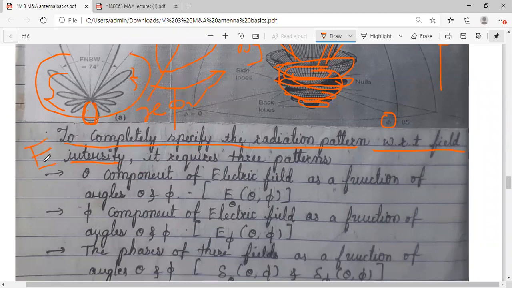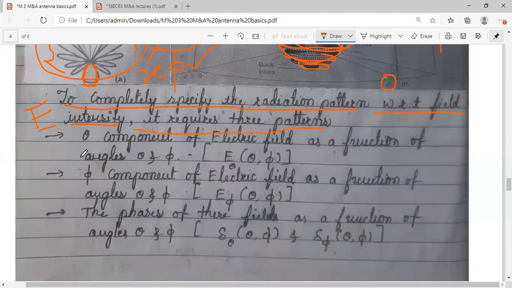Majorly we will be expressing things here in terms of E, but the same is applicable to H also, because whatever wave propagates through the antenna in the space is an electromagnetic wave. So whatever concepts and quantities I'm giving you here for E, the same will be applicable to H also. Fine. Now it requires three patterns.